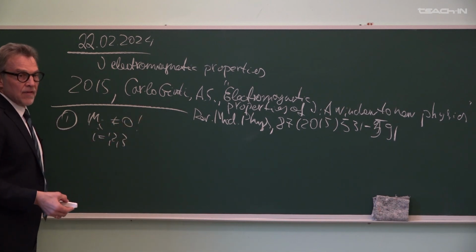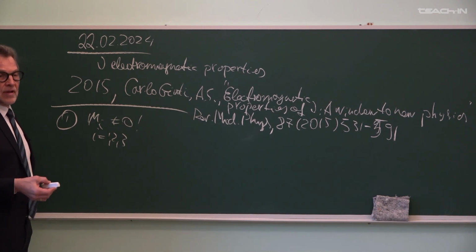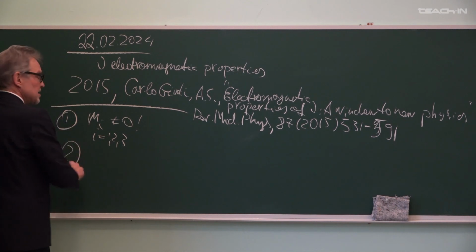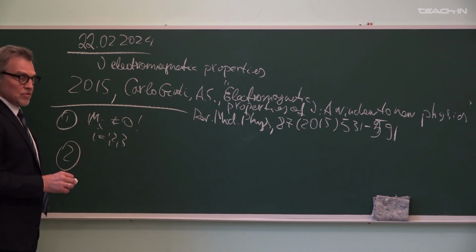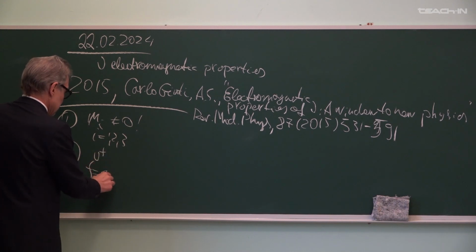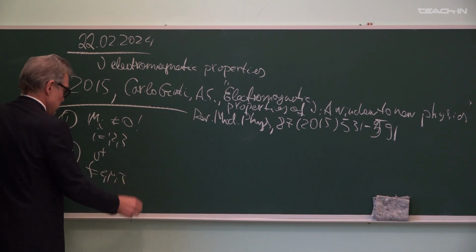This is a fundamental fact that comes from experiments. Then there is mixing and oscillations between neutrinos. So there are flavor neutrinos, f equal to electron, muon, and tau neutrinos.